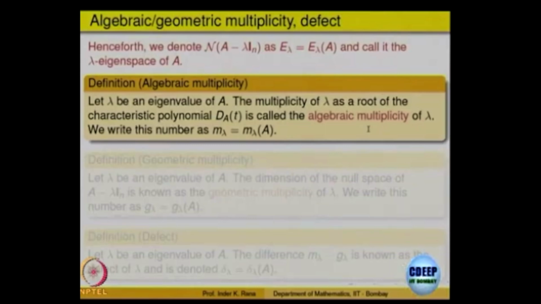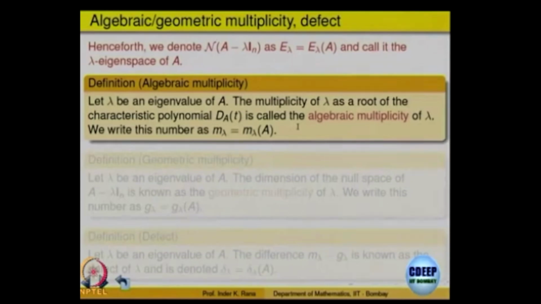It may appear twice, thrice or many more times. The number of times it appears is the algebraic multiplicity, and we denote it by m lambda, or m lambda of A if you want to stress the matrix A.